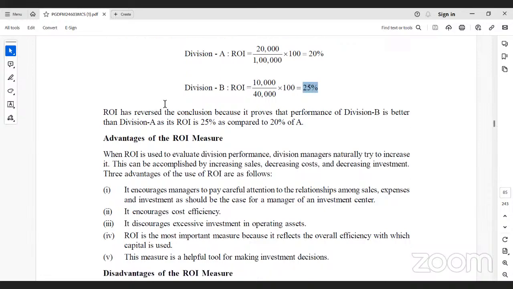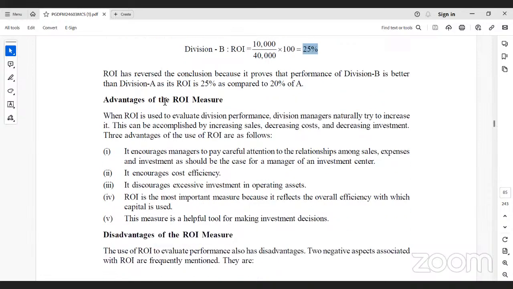What are the advantages of ROI, return on investment? ROI has various advantages that help the manager in decision-making. It encourages the manager to pay careful attention to the relationship among sales, expenses, and investments. It is easy for the manager of an investment center to measure its performance.